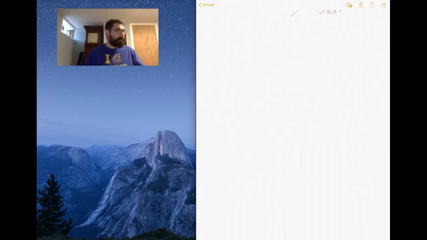And actually, one of the earliest cases of experimental evidence that we needed spin was something called the Stern-Gerlach experiment.